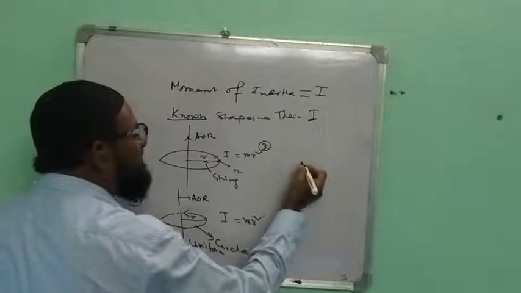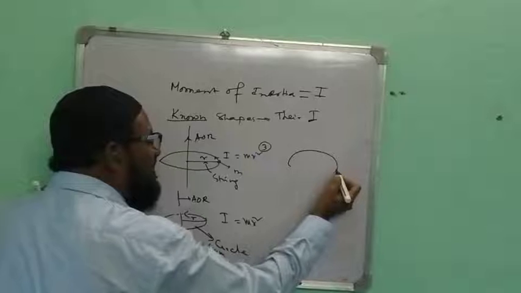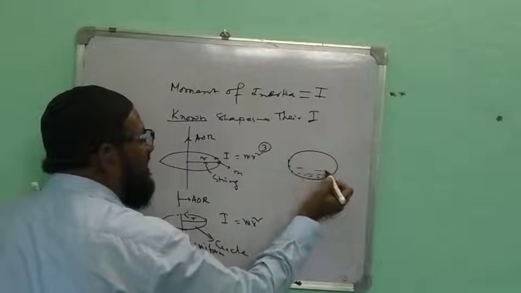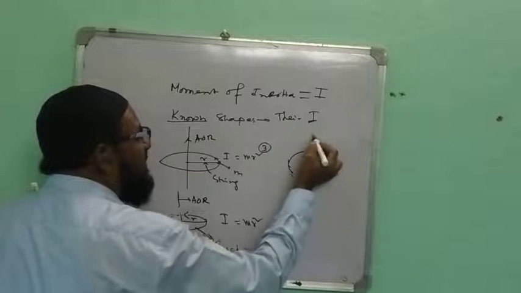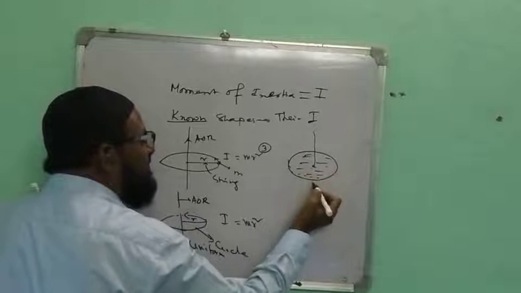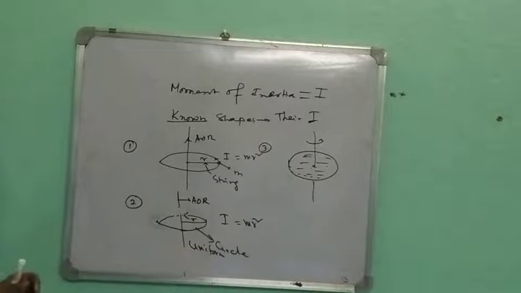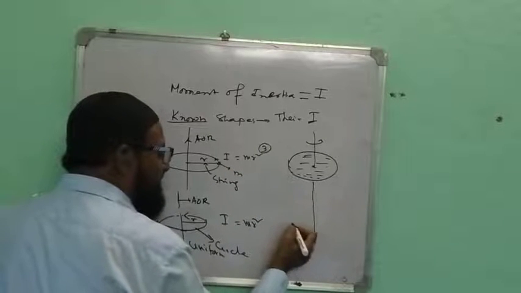What is this? From here I am taking this circular disc. You can draw like this, or you can draw like this.